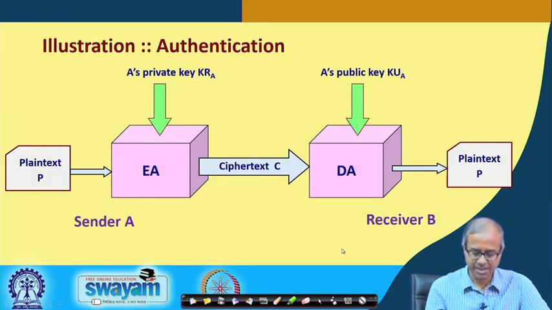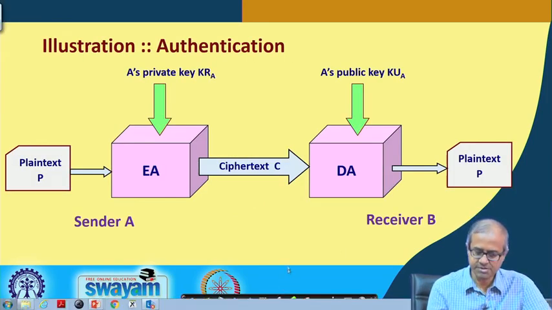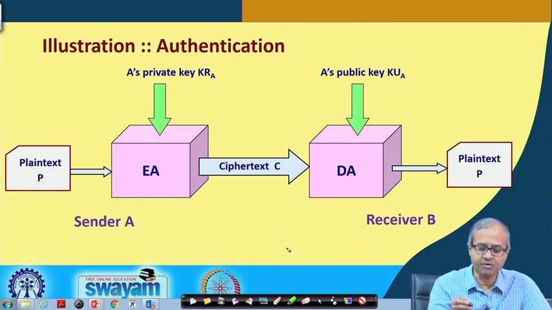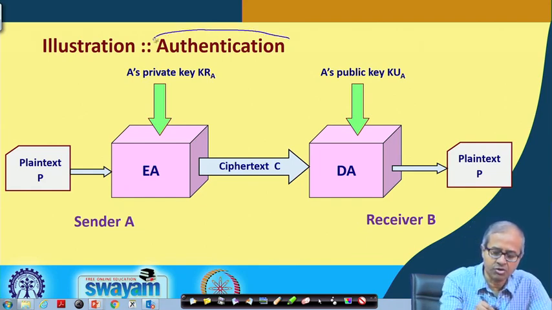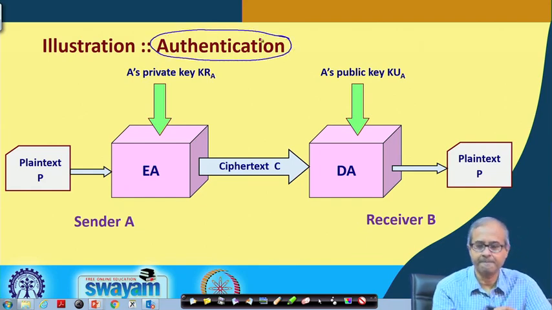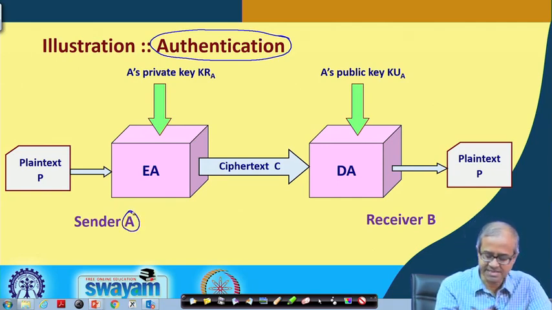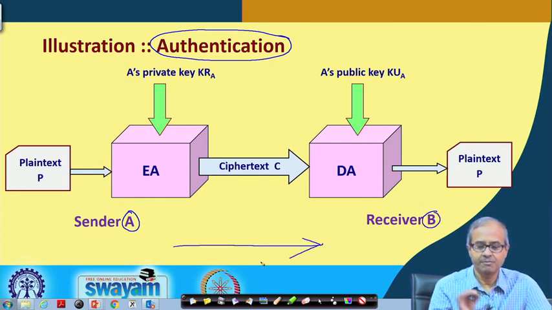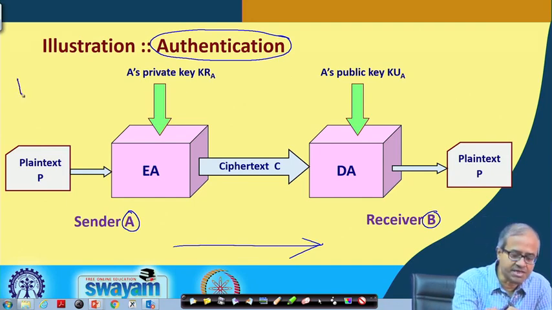Now, let us talk about another application of public key cryptography, namely authentication. Here also let us say A is sending something to B, but for authentication application we will be using the keys of the sender.